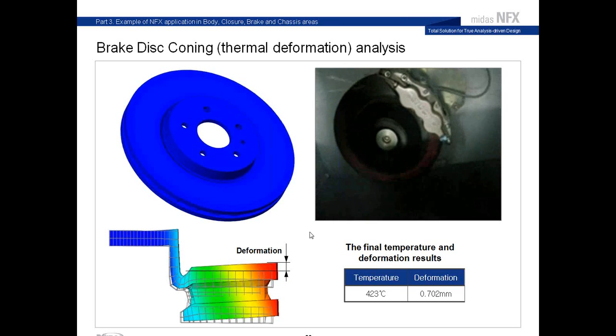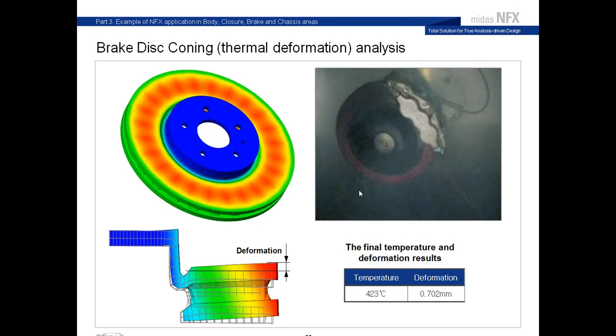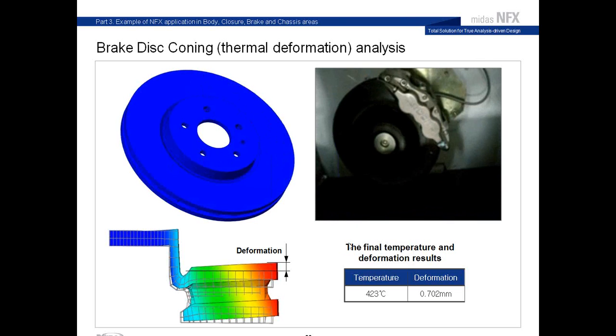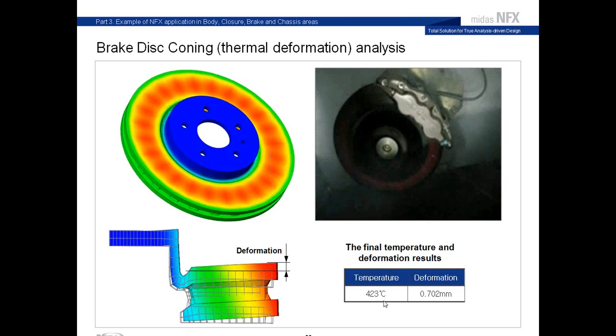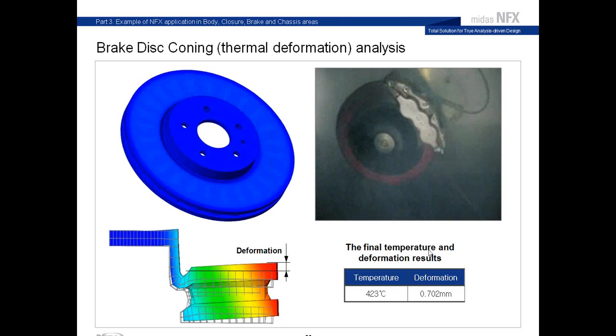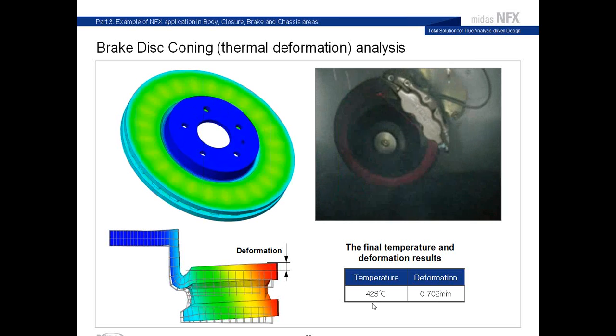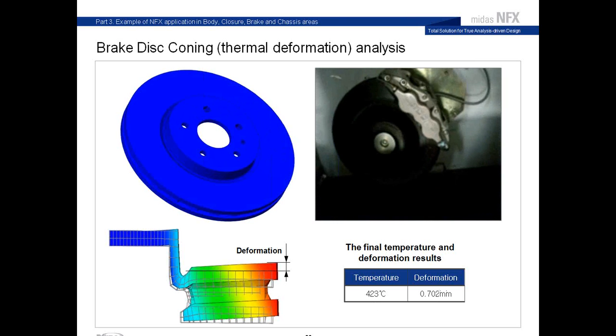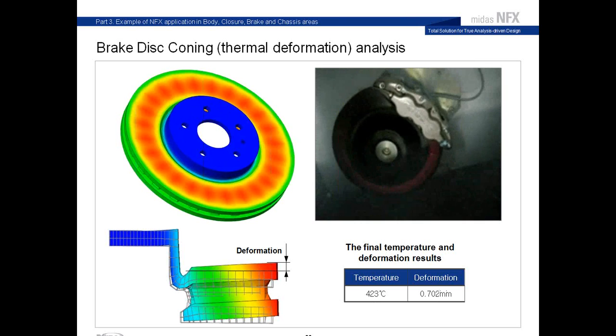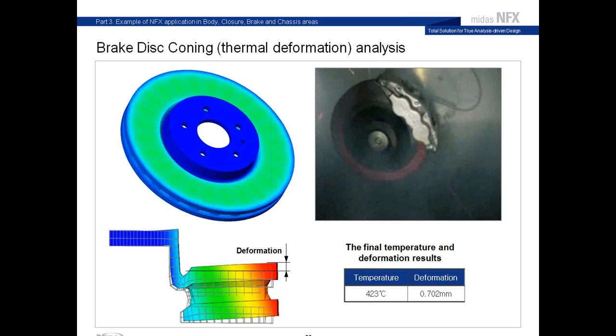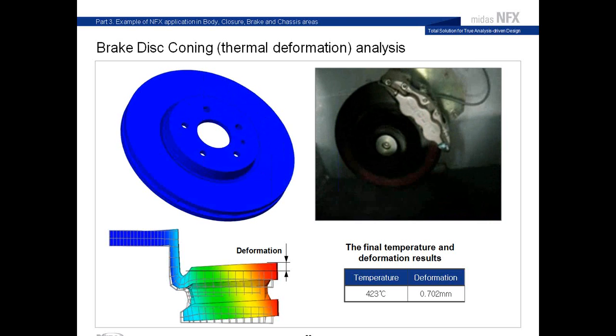So you have a small video also showing that. And here the final temperature and the deformation result. So the final temperature can reach 420 degrees Celsius and cause a deformation of 0.7 millimeter to your brake disc.